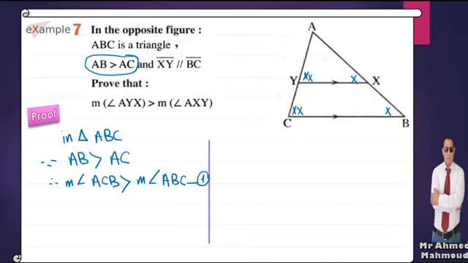And since XY is parallel to BC, therefore the measure of angle AYX equals the measure of angle C, and this is called corresponding.